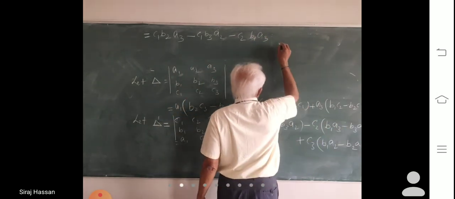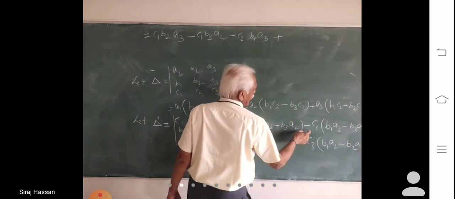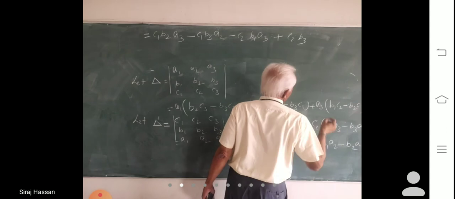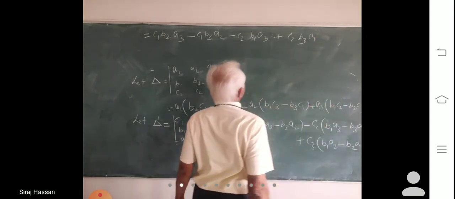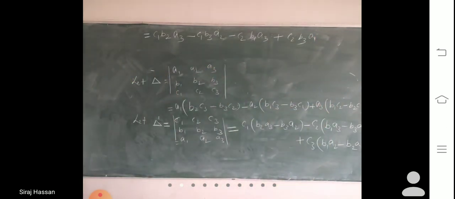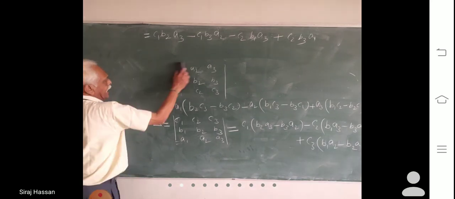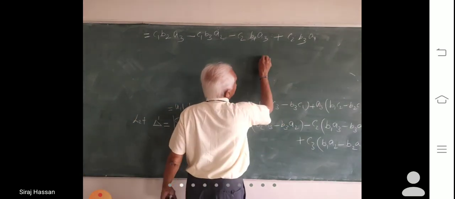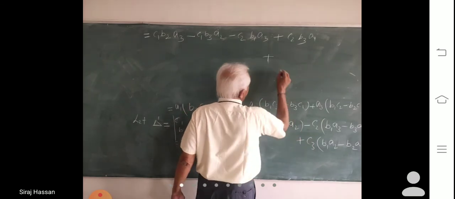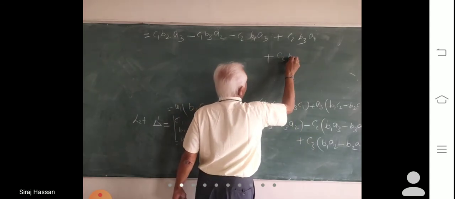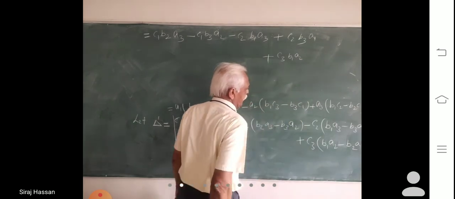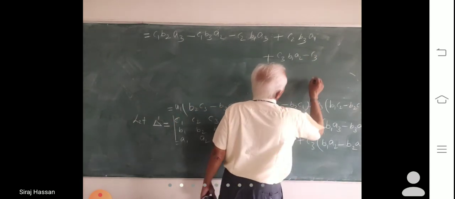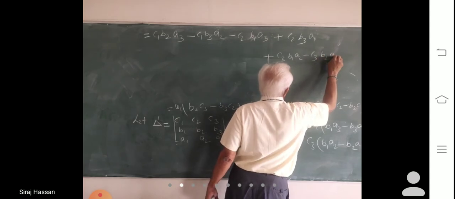Minus into minus is plus, C2 B3 A1. Now expand the third bracket: plus C3 B1 A2 minus C3 B2 A1.